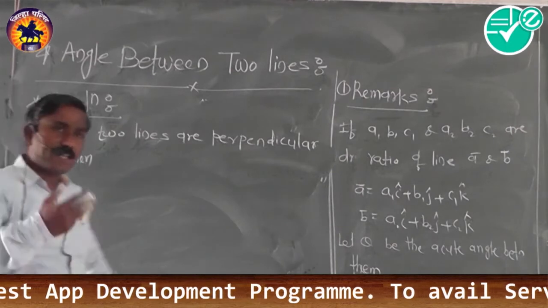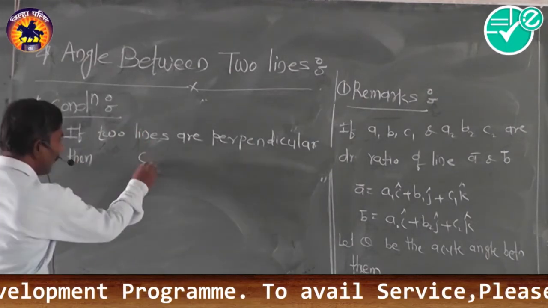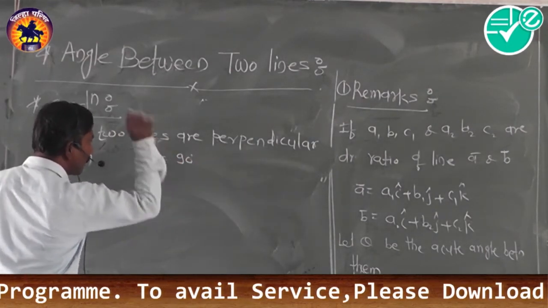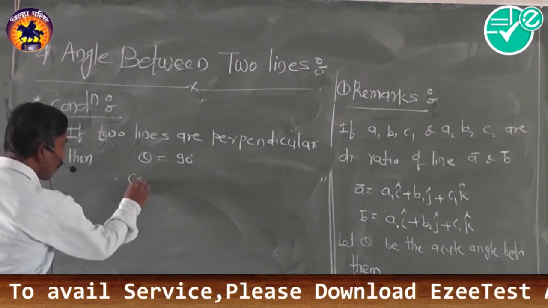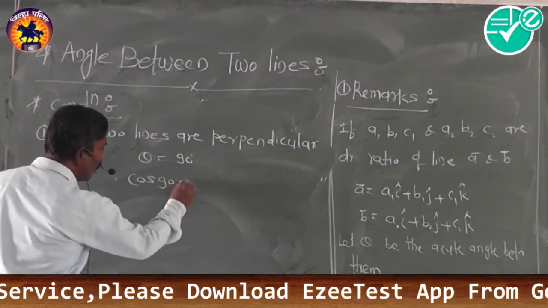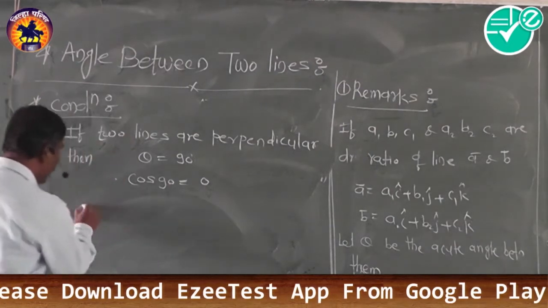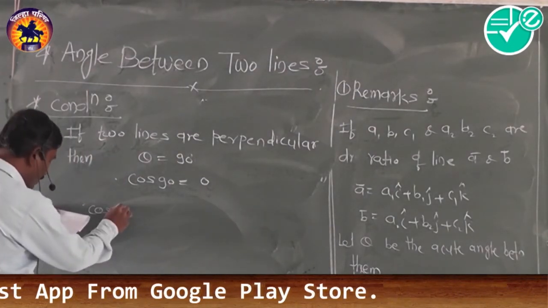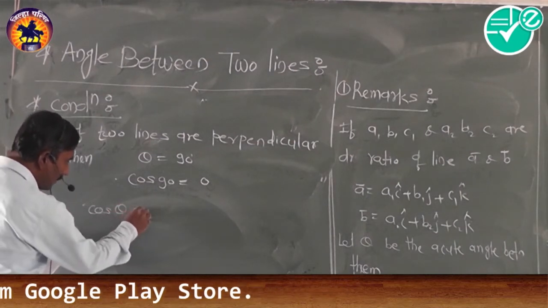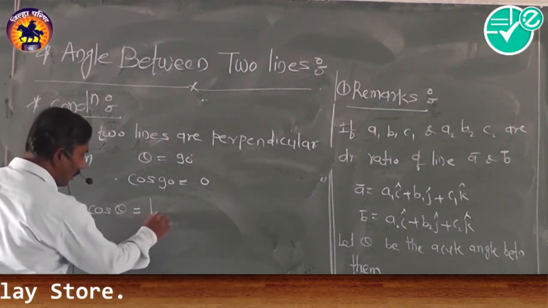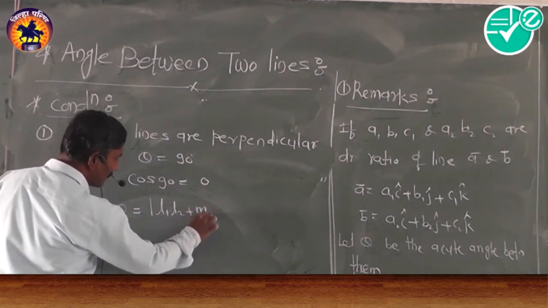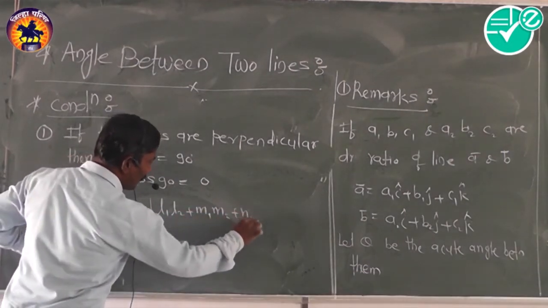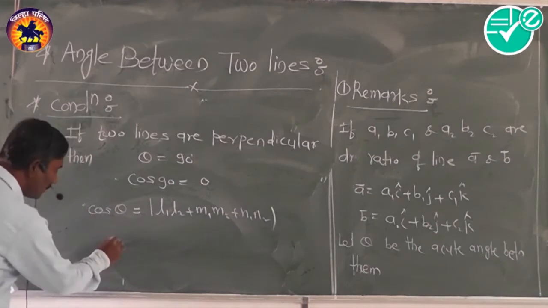we know if two lines are perpendicular, then their angle will be 90 degrees. Therefore cos 90 degrees, the value of cos 90 is 0, and therefore cos theta is equal to mod of L1 L2 plus M1 M2 plus N1 N2, and this is 0.